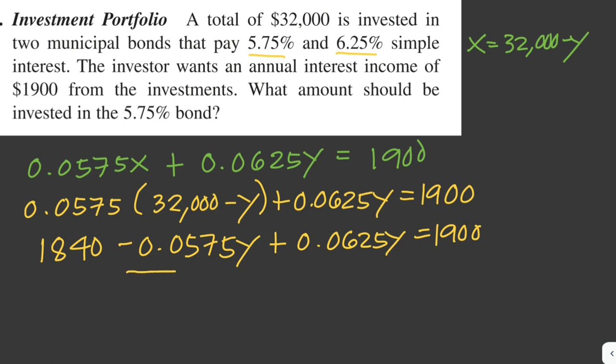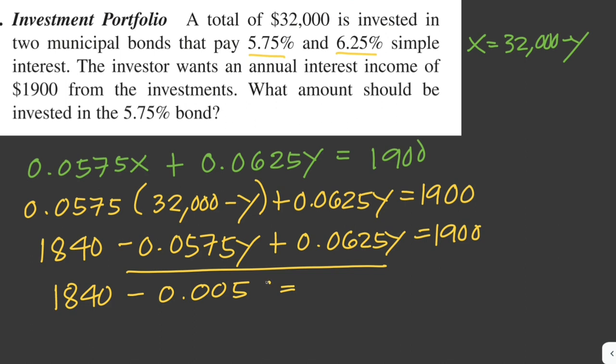Okay, we add this up first. This is 0.0625 minus 0.0575, which is 0.005, or 5 times 10 to the negative 3. So we have 1,840 plus 0.005y equals 1,900.